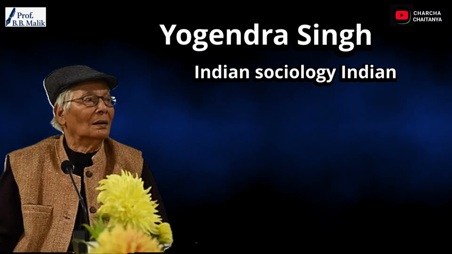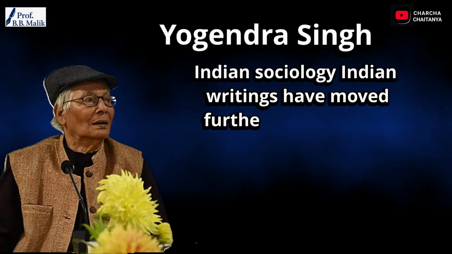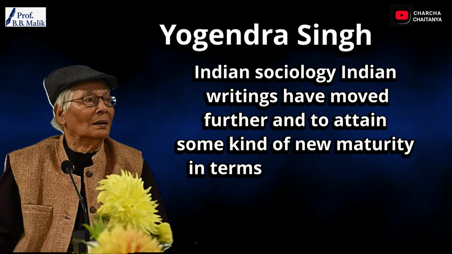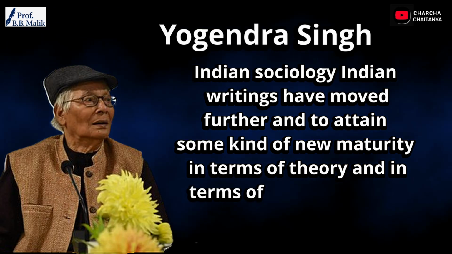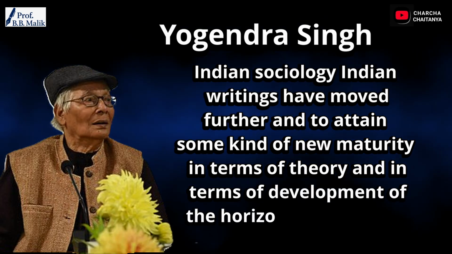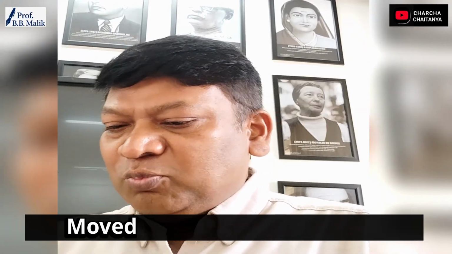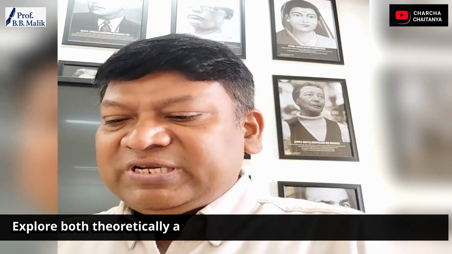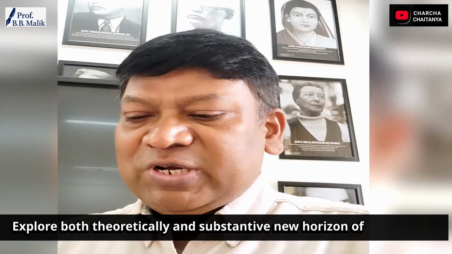He says that Indian sociology, Indian writings have moved further to attain some kind of new maturity in terms of theory and in terms of development of the horizon of knowledge. So Indian sociology moved towards a new maturity and explored, both theoretically and substantively, new horizons of knowledge.